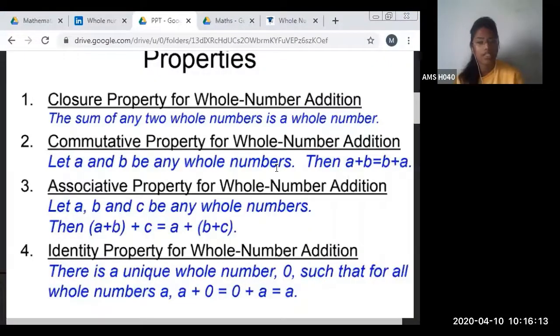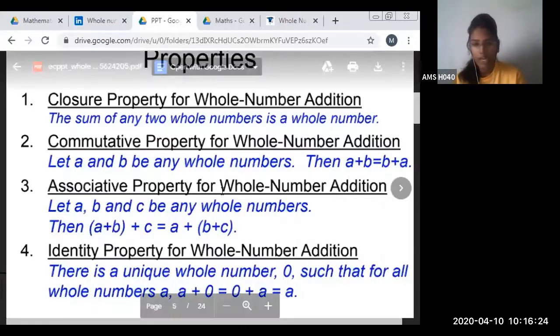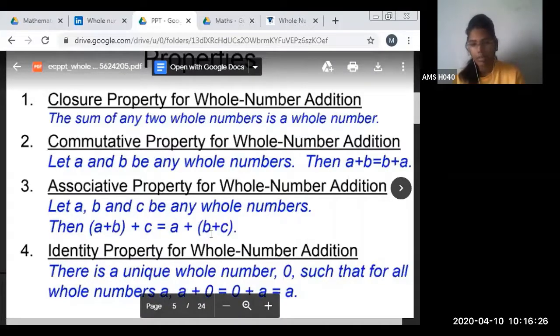Next is the associative property for whole number addition. Let A, B and C be any whole numbers. Then what will be the formula? A plus B plus C is equal to A plus B plus C, but the brackets will be different. See, I will show you that.